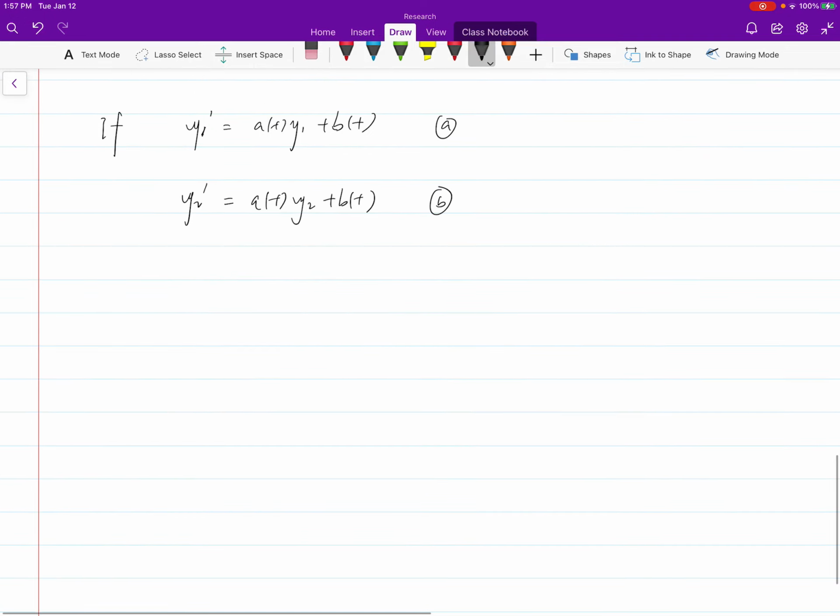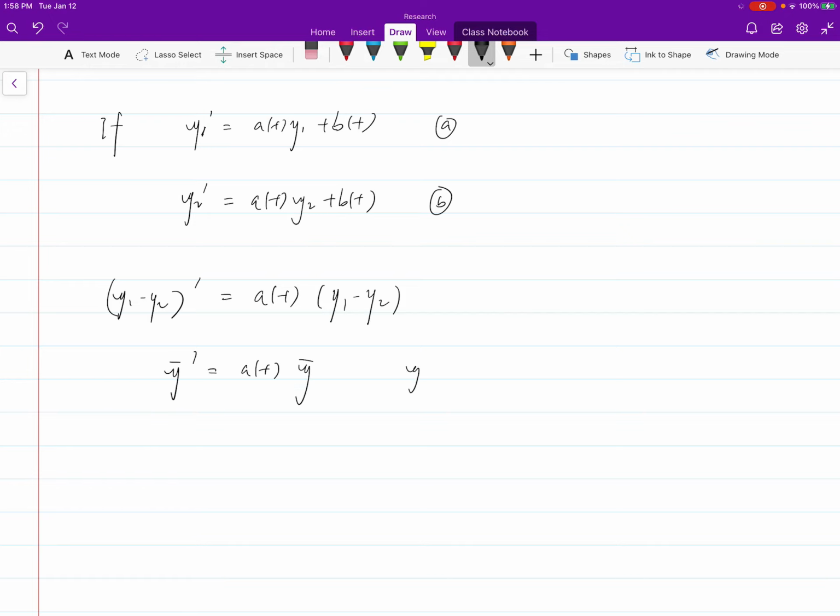Now, of course, you have y1 minus y2 satisfies the homogeneous one because B(t) and B(t) cancel each other. Which is roughly y bar prime equals A(t) y bar, where y bar is given by y1 minus y2.